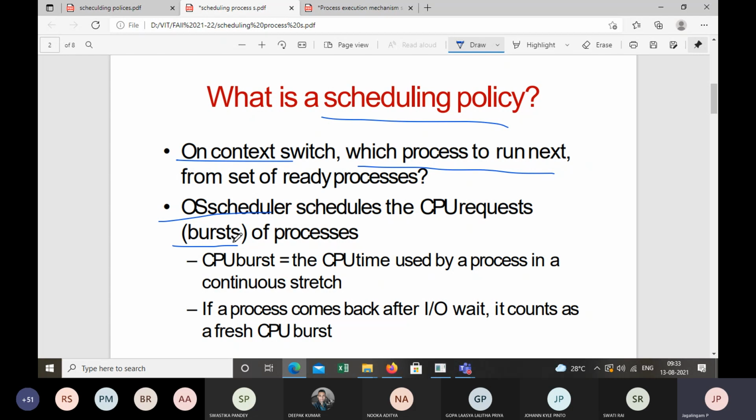What do you mean by that? CPU time used by a process in a continuous stretch. What do you mean by CPU burst? When the process comes for execution, it runs for a certain continuous duration in the CPU. That we call a CPU burst.